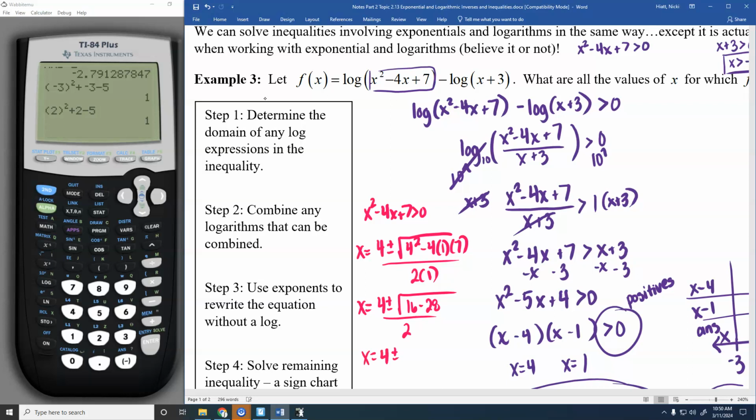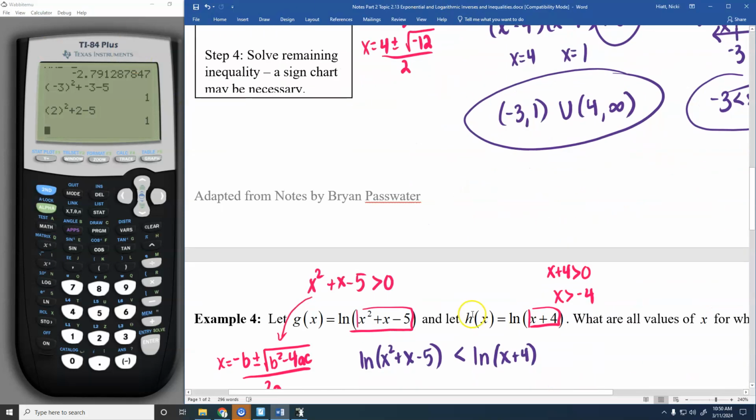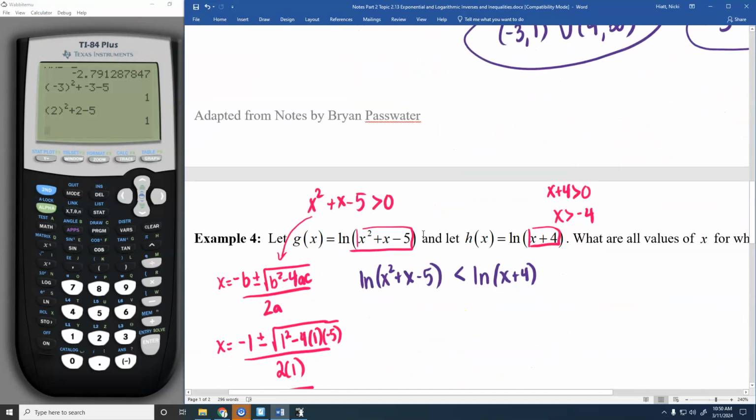This is the square root of negative 12 over 2. Can you take the square root of a negative number? You cannot. So that's imaginary. And since it's imaginary, there are no numbers that will make this 0. So you don't have to go any further with that. Everything's going to be positive there, and it does not affect your domain. Does that make sense?